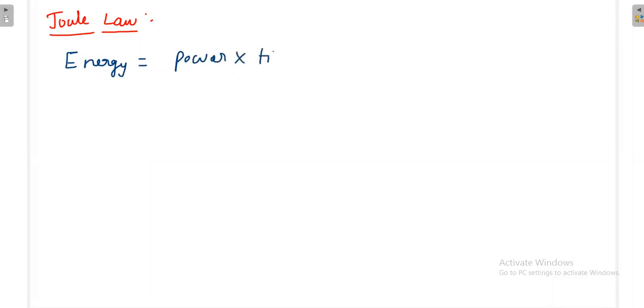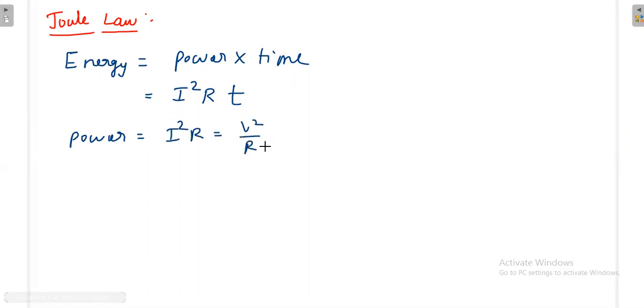Power, in circuit analysis, is I square R, and time is T, so energy is I square R into T. Power is I square R, or V square divided by R, or it can also be written as V into I. So now power P is equal to V into I.